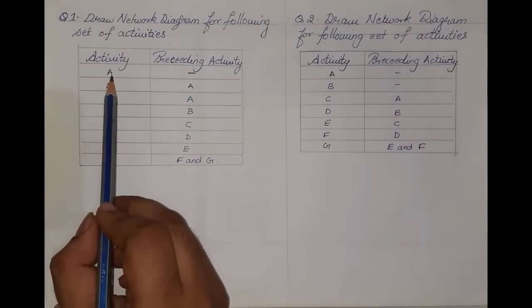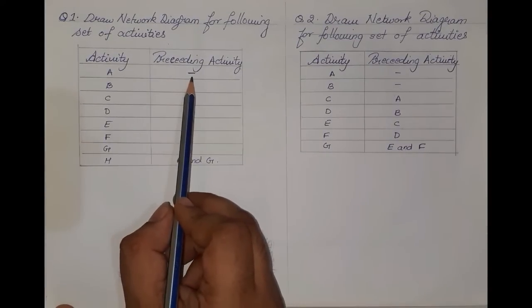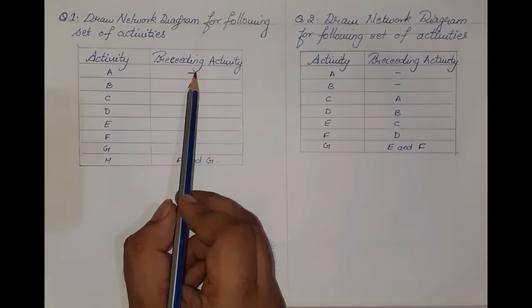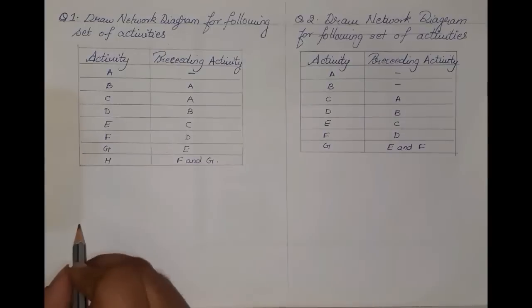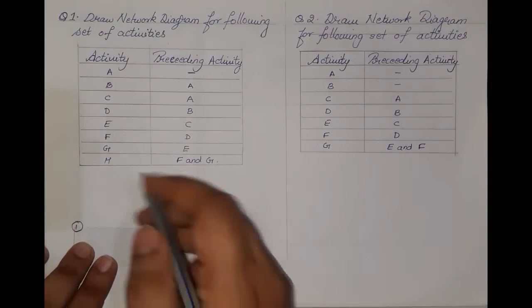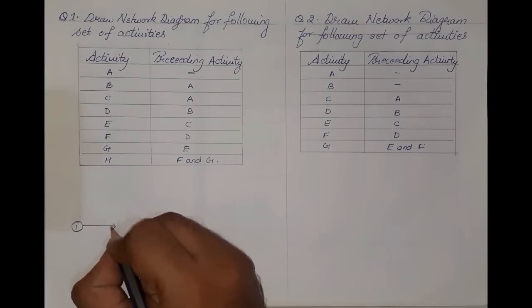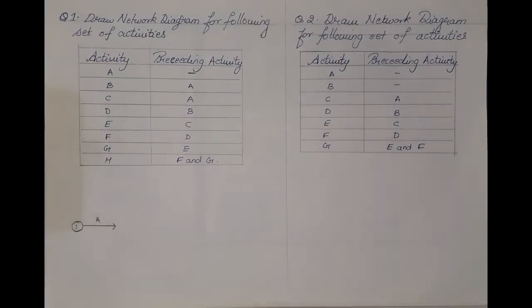Now the very first activity given is A, and there is no preceding activity before A. So we can say that A is the very first activity that we need to prepare. So our very first activity, number one, is activity A. Now, always one more thing.